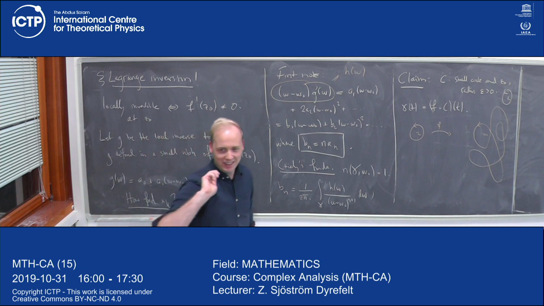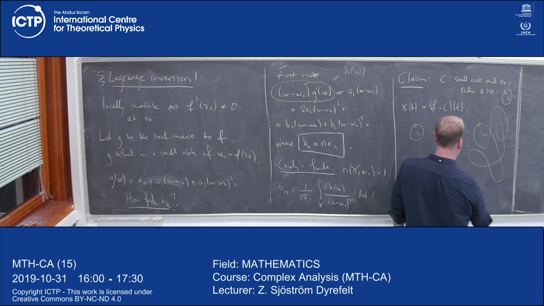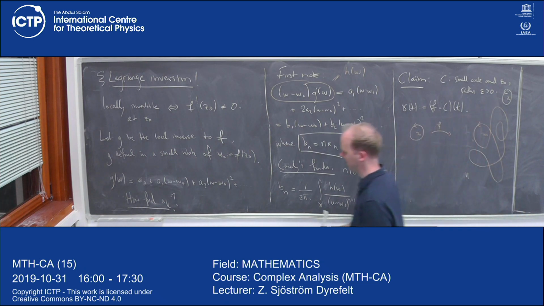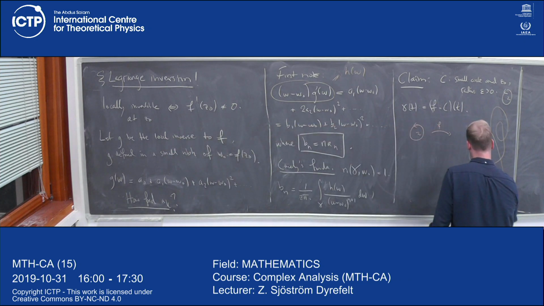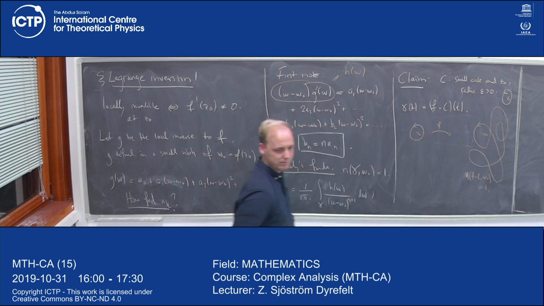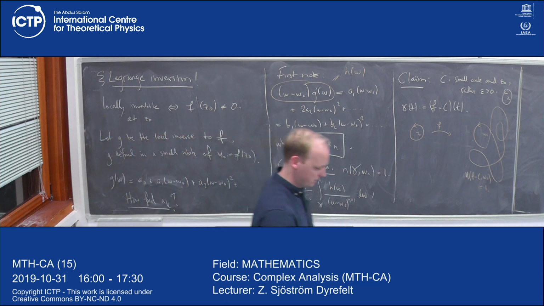So here you see that the winding number of f of C around w0 is still equal to 1. This is what we claim.